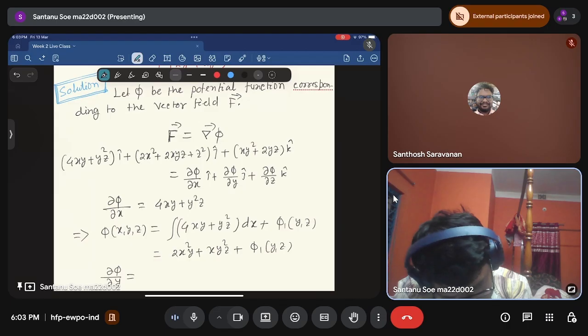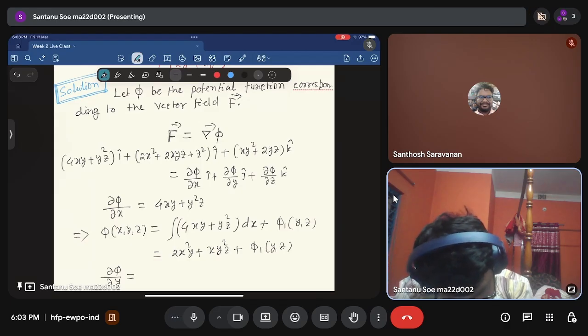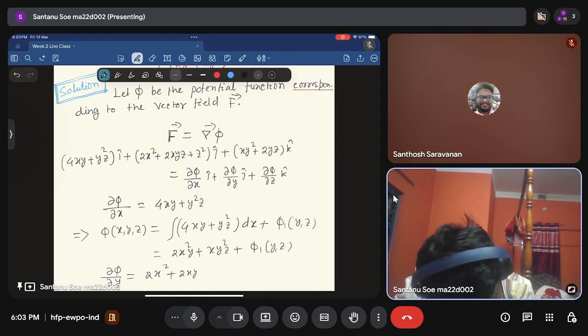So from here we can see this is 2x square plus 2xyz plus del phi 1 by del y.